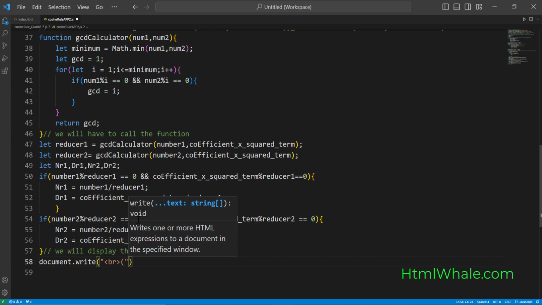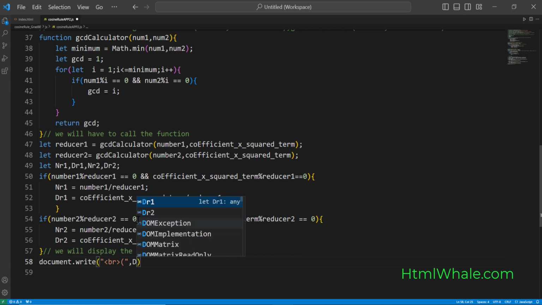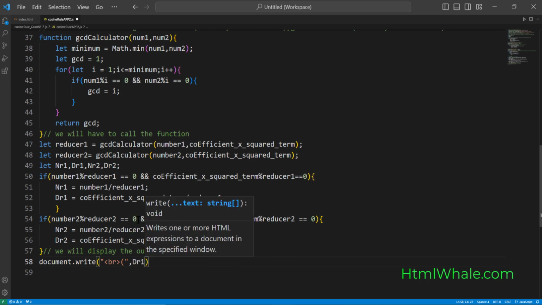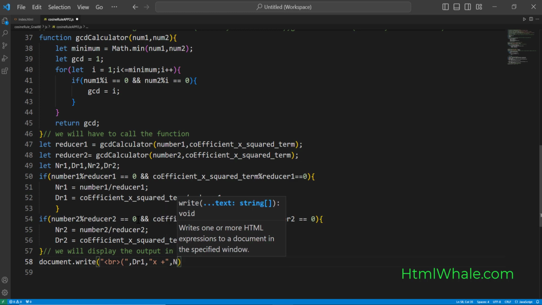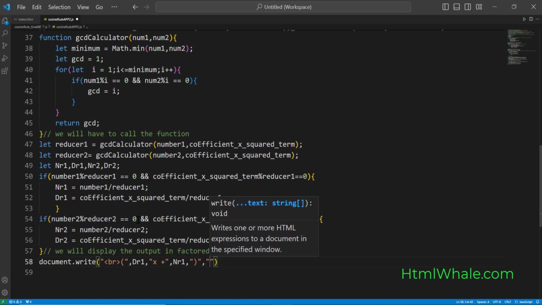The first denominator dr1 with x. Okay, so that's the first quantity, and that has to be added with nr1, so numerator 1, so that's the second quantity, and I need to close parenthesis, then I open a parenthesis, and after opening a parenthesis I will have to place in the second denominator.